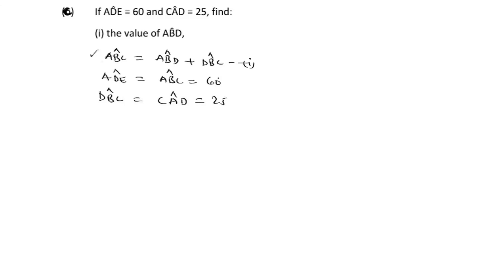Then our equation number 1 is going to be 60 equals angle ABD plus 25. Solving for angle ABD, we have angle ABD equals 35, and this is our answer.